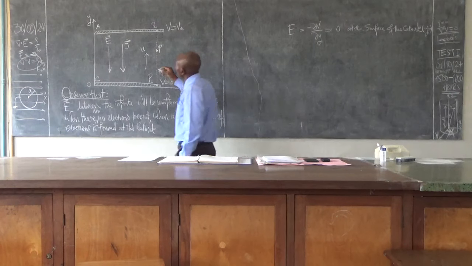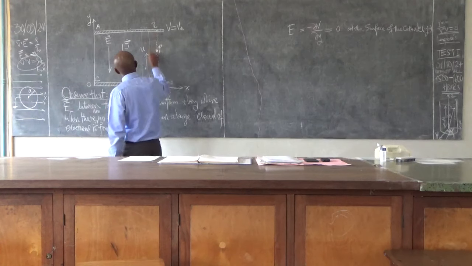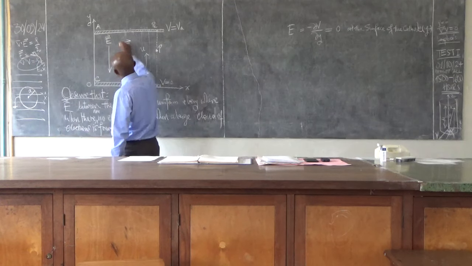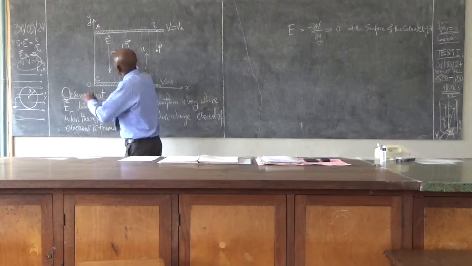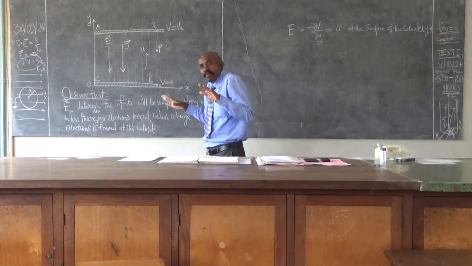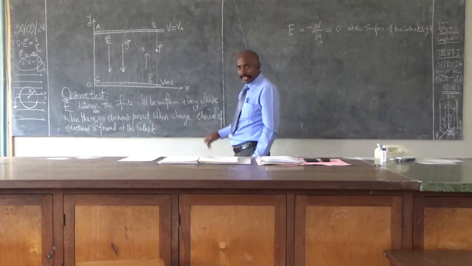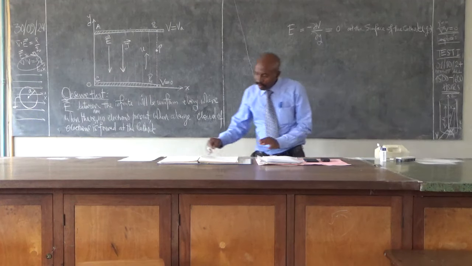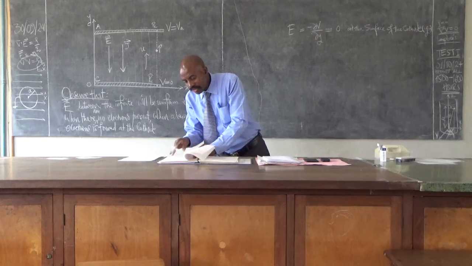If this is a positive plate as our anode, the field runs through. It is not hanging in the middle, balancing. Anyway, can you allow me, because I have very few minutes left and I want to finish this?